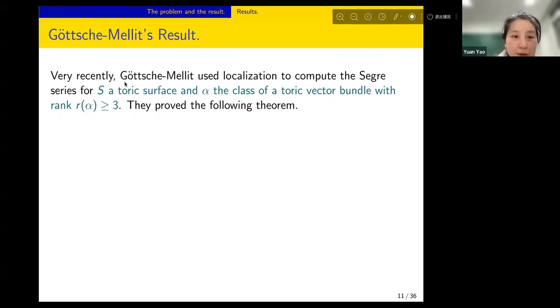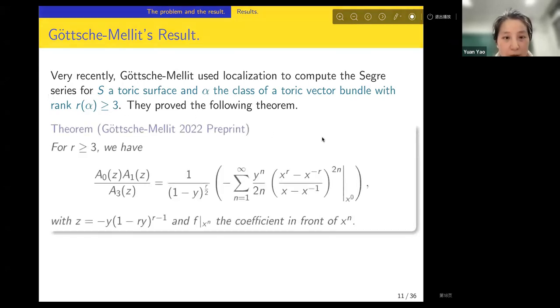Very recently, I think last month, they also put a paper on the arXiv. They use localization to compute the Segre series. So you have a toric surface and the class of a toric vector bundle. Here you see they also do this vector bundle case, with rank no smaller than 3. Okay, they prove the following theorem.